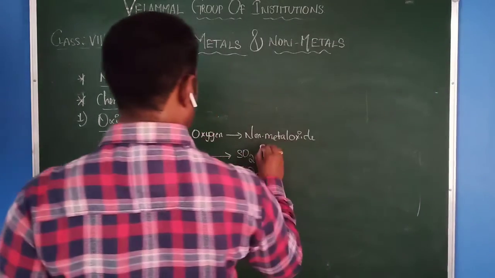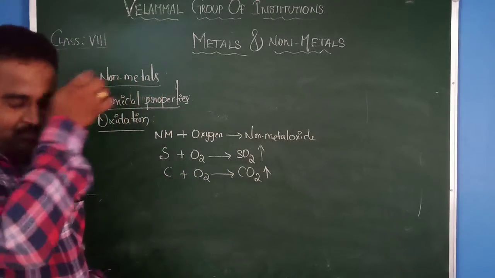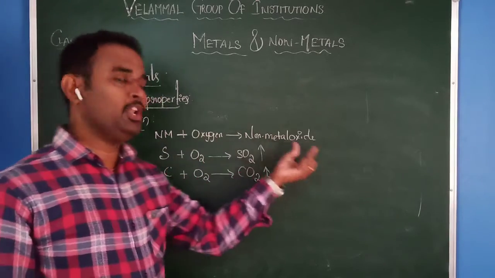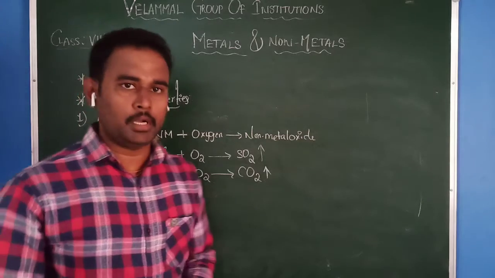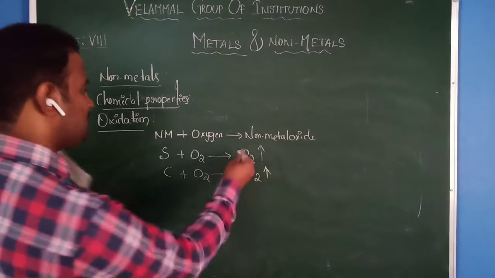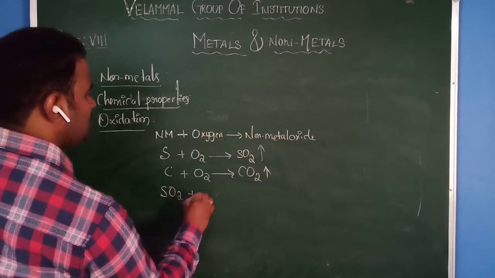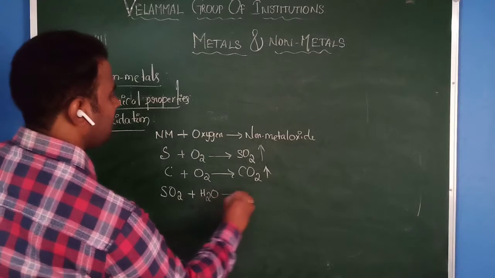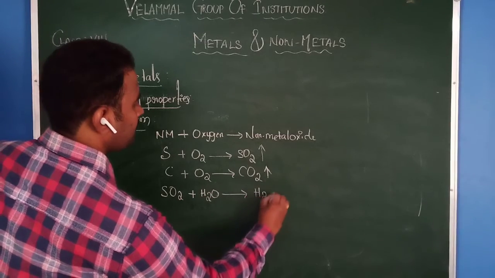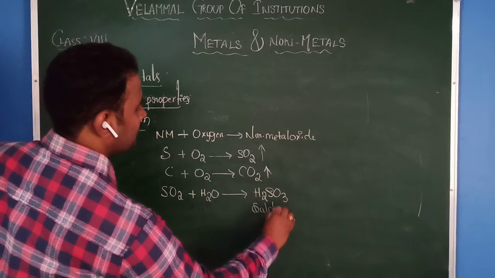These are normally in gaseous state. To identify the nature of the non-metallic oxide, we do the same thing we did for the metallic oxides. Dissolve sulfur dioxide in water, then it will give H2SO3, sulfurous acid.